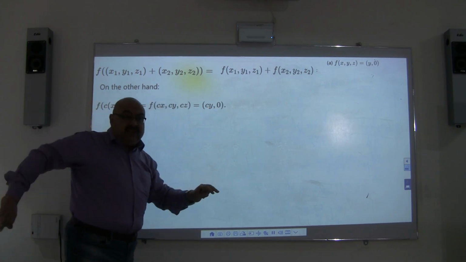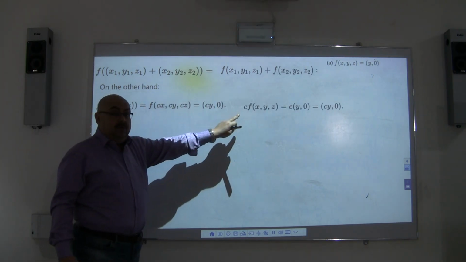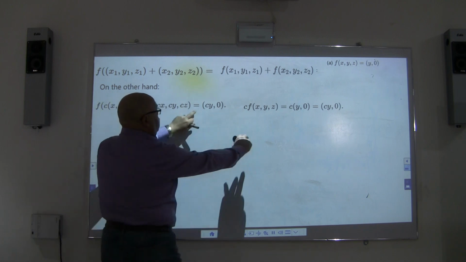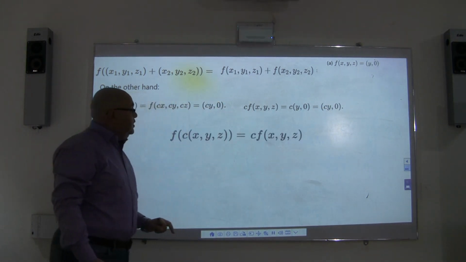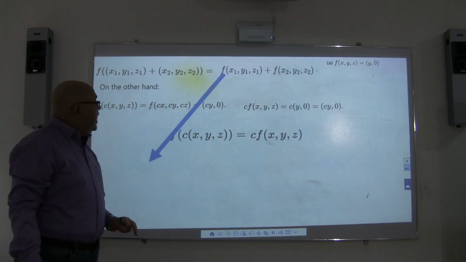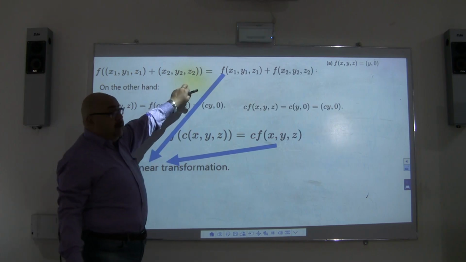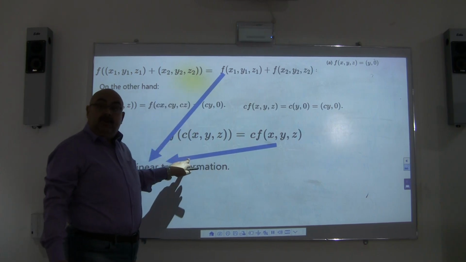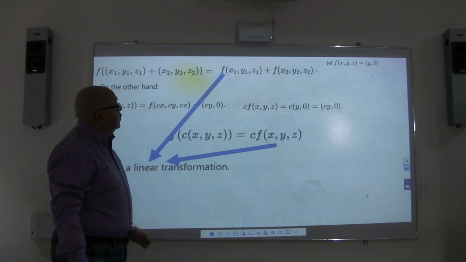Then take the c out, get the function on x, y, and z, which is going to be y and 0, then multiply by c. As you can see, the two results are equal to each other. So the multiplication by scalar holds. Both the addition and the multiplication by scalar hold, so it means you have a linear transformation.